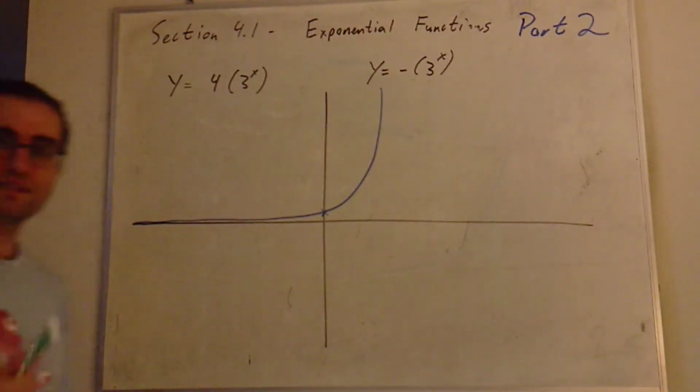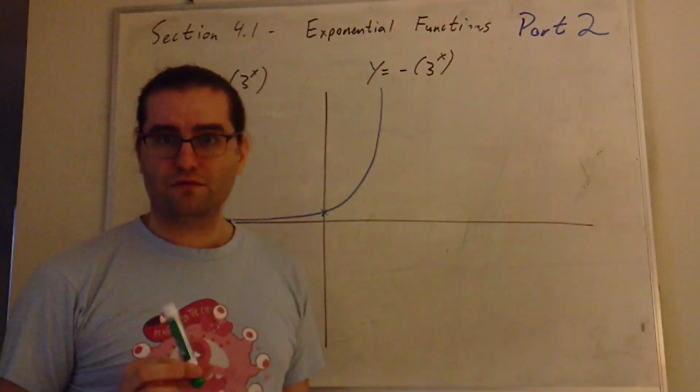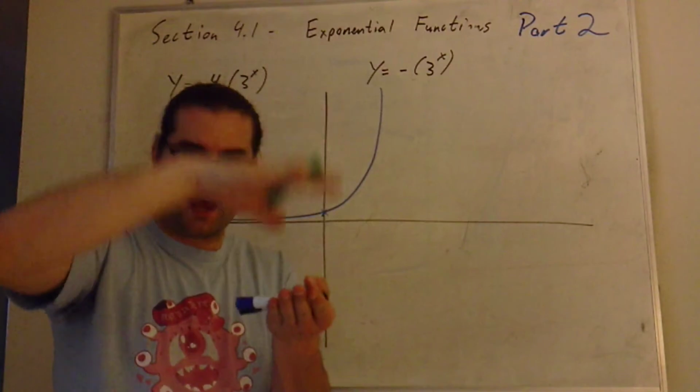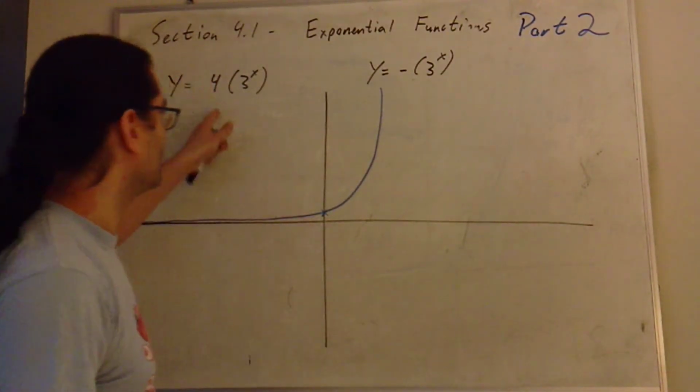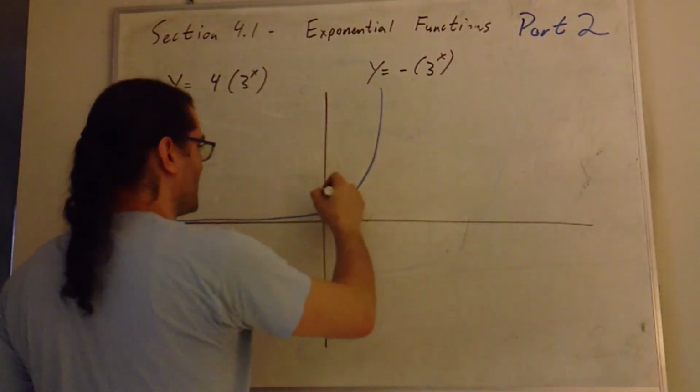I feel like it's safe to judge from the last example. We multiplied by 1/2 and something got half as tall. Here, if we multiply by 4, it feels pretty safe to just say that this is going to get 4 times taller.